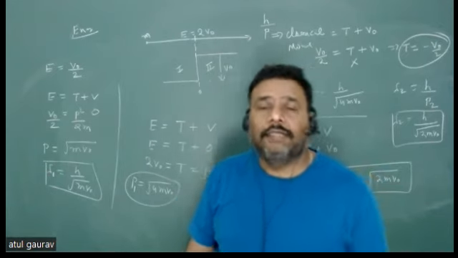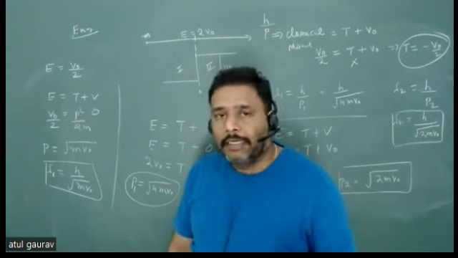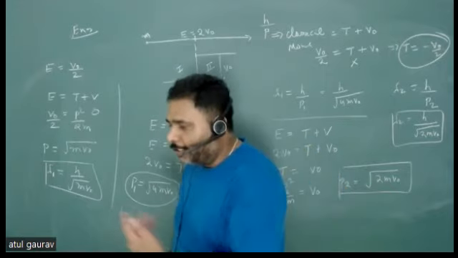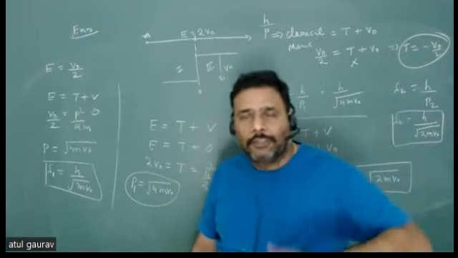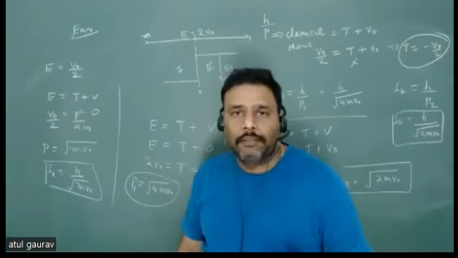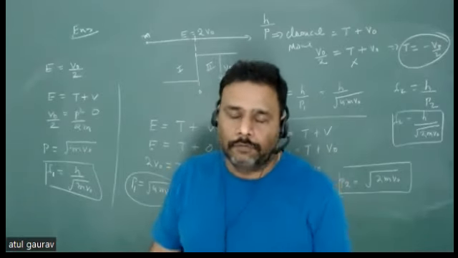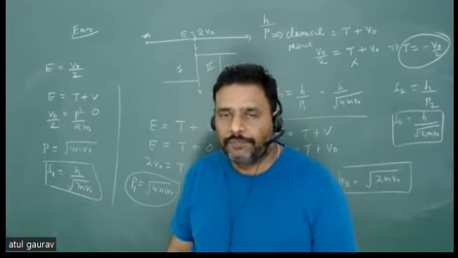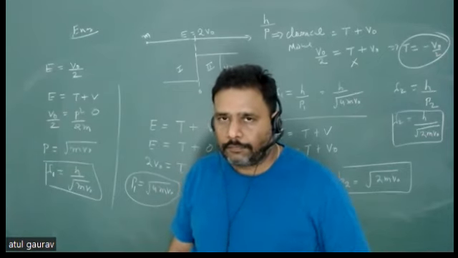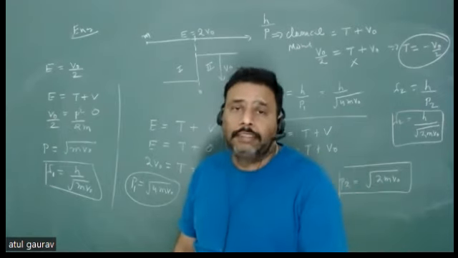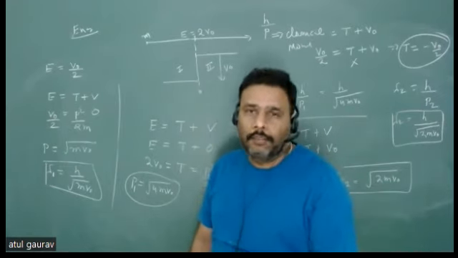You cannot say that your tennis ball doesn't have an associated de Broglie wavelength. You cannot say if I am moving, then I don't have an associated de Broglie wavelength. I also have an associated de Broglie wavelength, but that is not significant for you. Okay? So this kind of question can come into your exam, in the theoretical part.